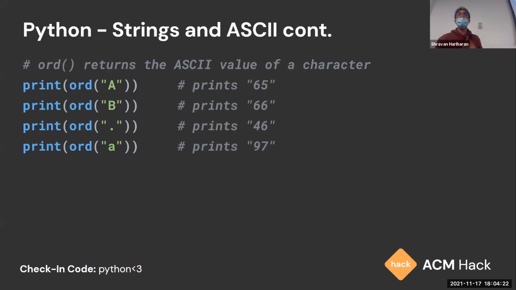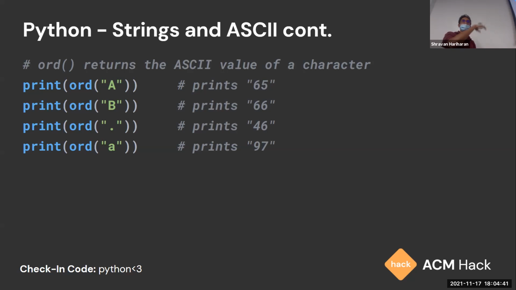So if we want to get the ASCII values in Python, we can use something called ord. So ord is, yes, a very famous professor at the school, but it's also a Python function. ord basically just returns the ASCII value of a character.